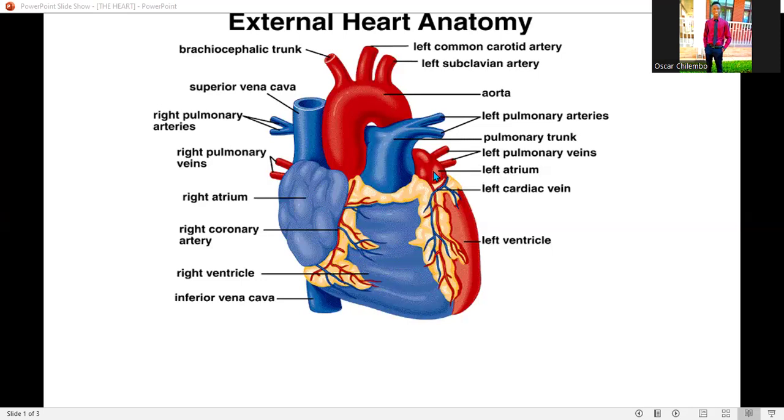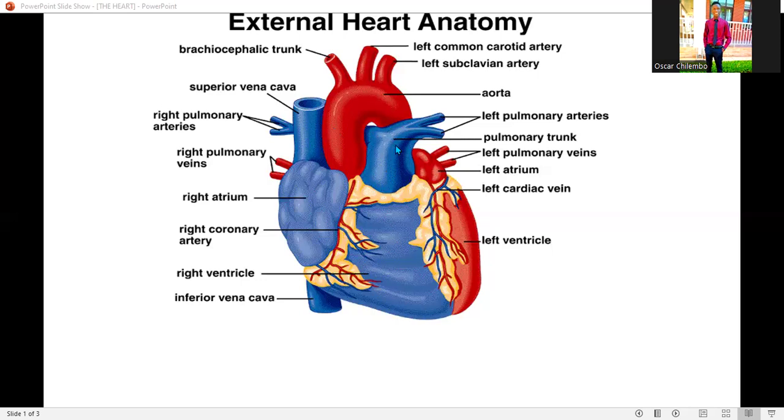Okay, arteries pump blood away from the heart. So this is the only vein that carries oxygenated blood. We must take note. And this pulmonary artery is the only artery that carries deoxygenated blood.